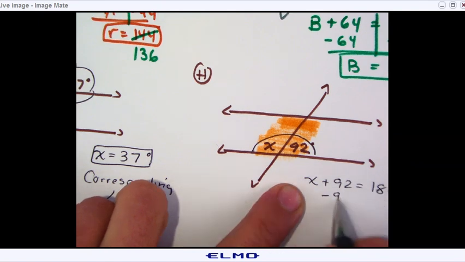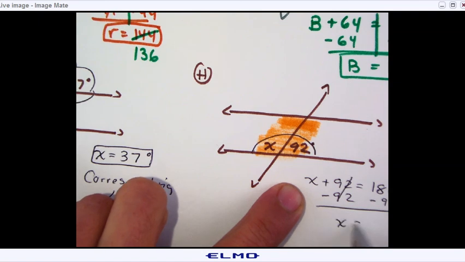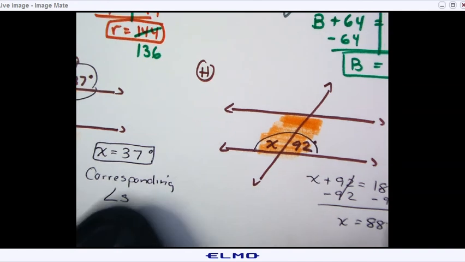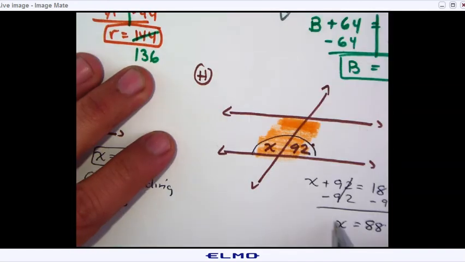Minus 92, minus 92, so X is equal to, get your calculator. What do you get? 88.